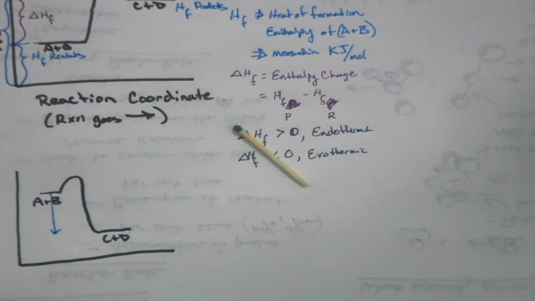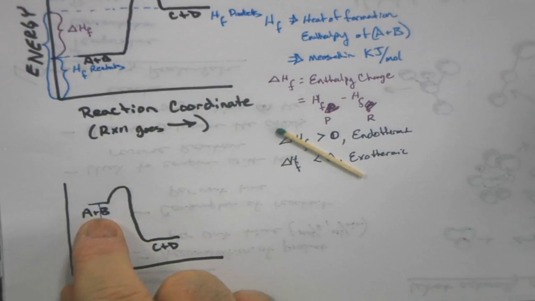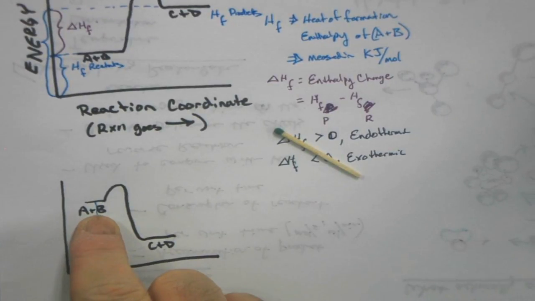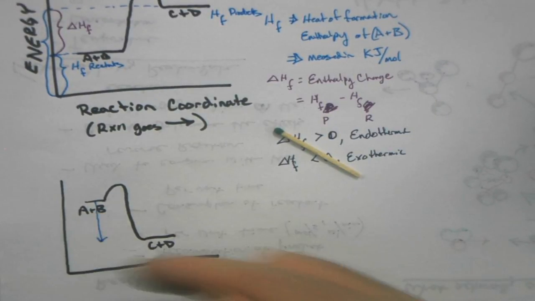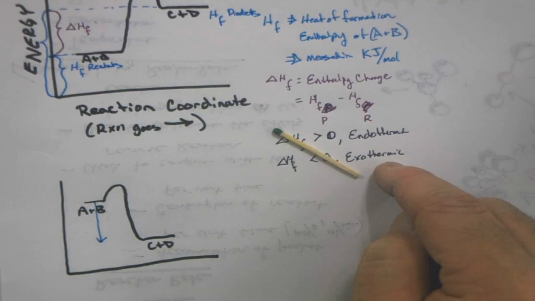There's a match. This match is these guys. We know that there is energy stored in this match, and it is going to give off energy. It gives off heat, right? So it's an exothermic reaction. We know from experience that this is going to happen.